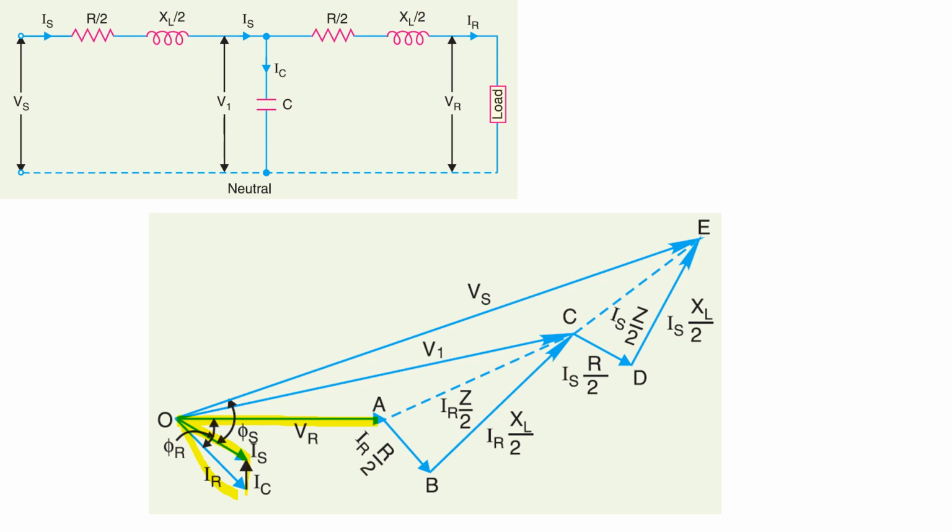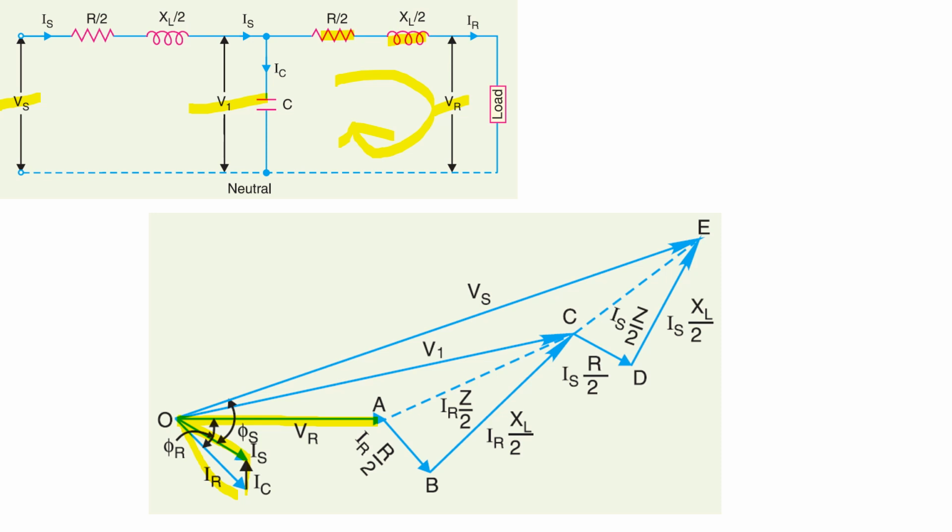First, from VR I will write the expression of V1, and after writing the expression of V1 I will write the expression of Vs. You know that this V1 is nothing but VR plus the voltage drop across this and the voltage drop across this.